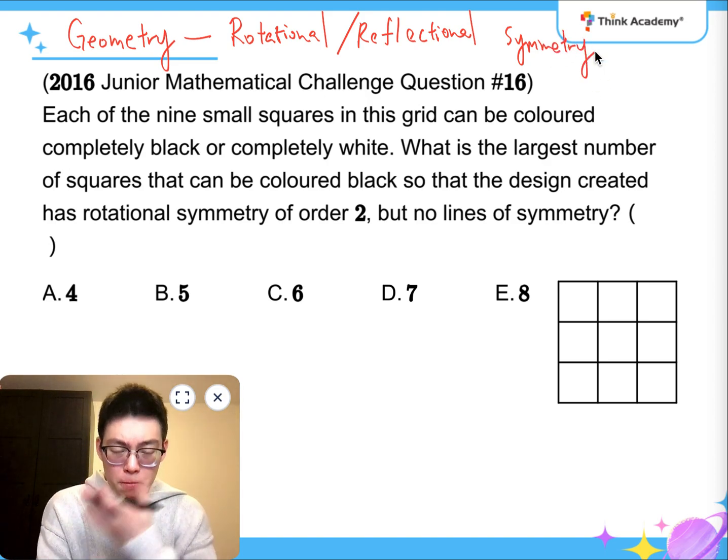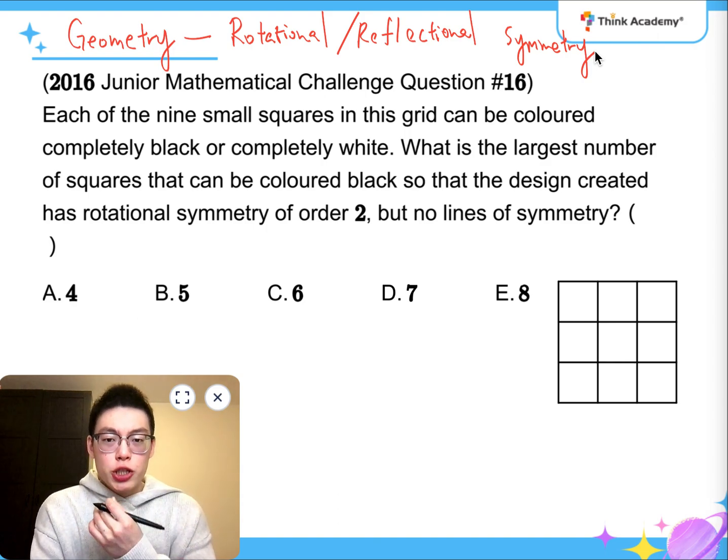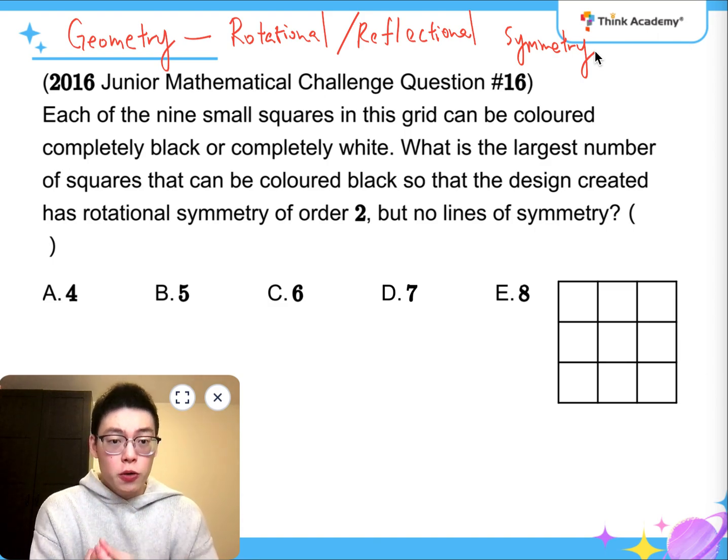Now you want to color the maximum number of squares such that it has rotational symmetry of order 2 but no lines of symmetry.